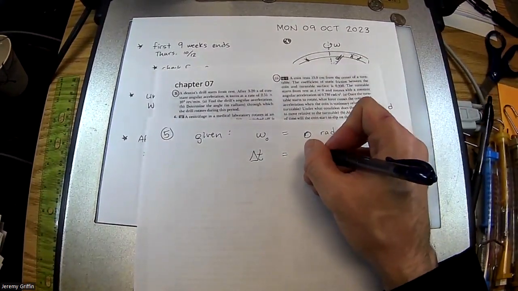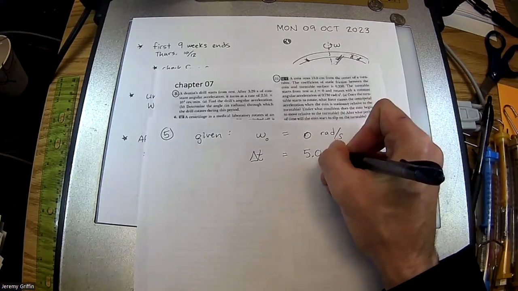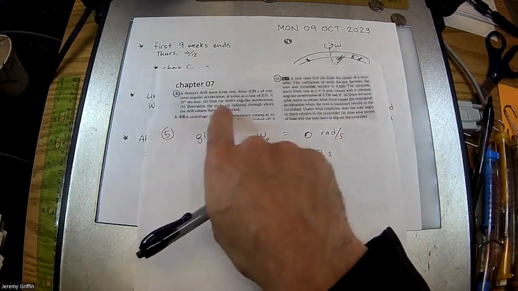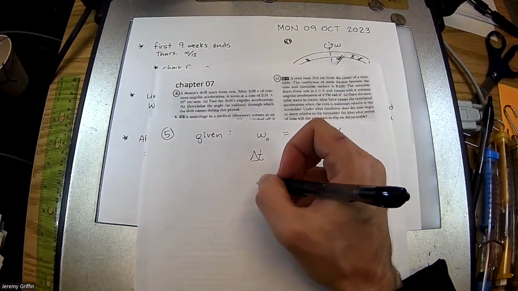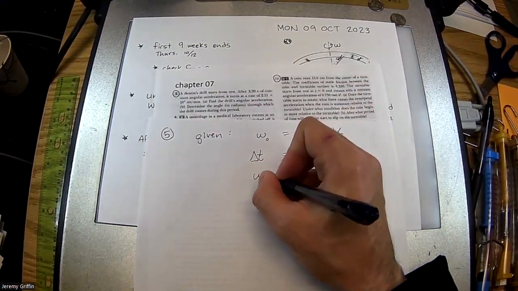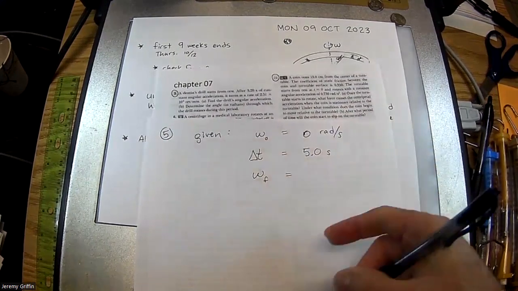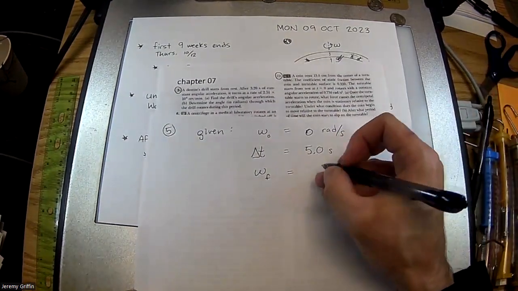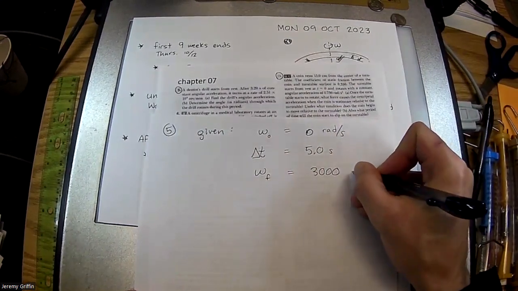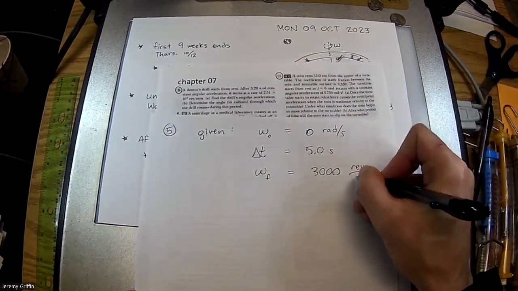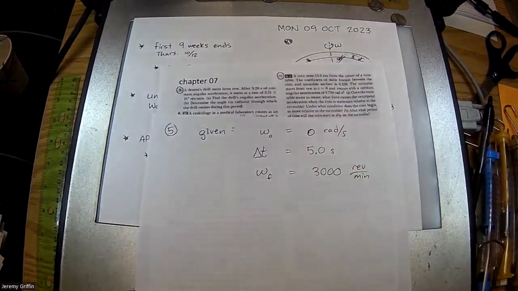Let's have, how about 5 seconds? It goes up to so many revolutions per minute is what they gave you, right? So that is an angular velocity. It's just in these funny units. Let's have mine be, how about 3,000 RPM, revolutions per minute, something like that.